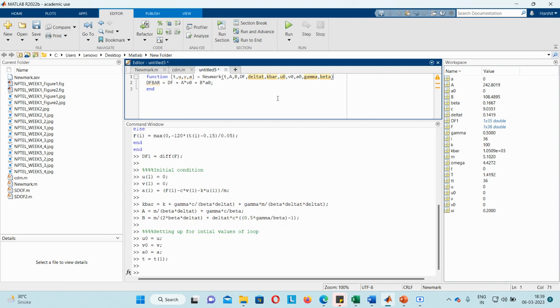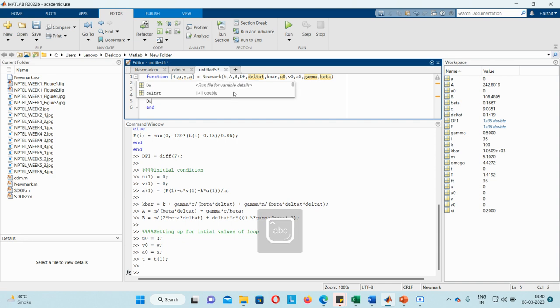I will give a space here so that it is clear. So we know the df value and we know the k bar value. So du can be written as df bar divided by k bar.